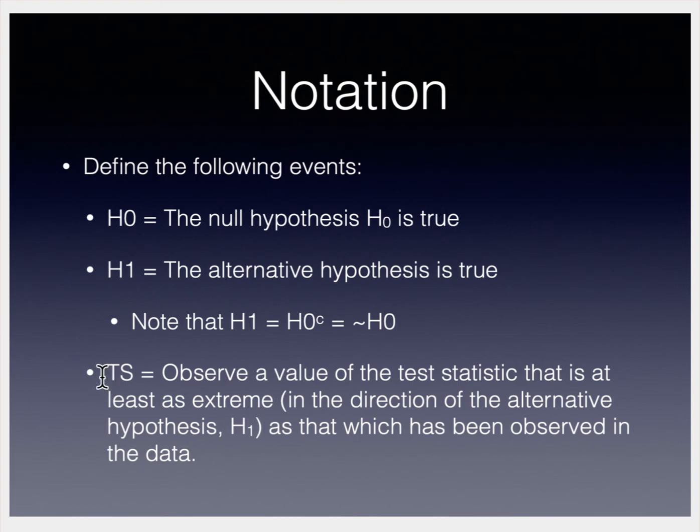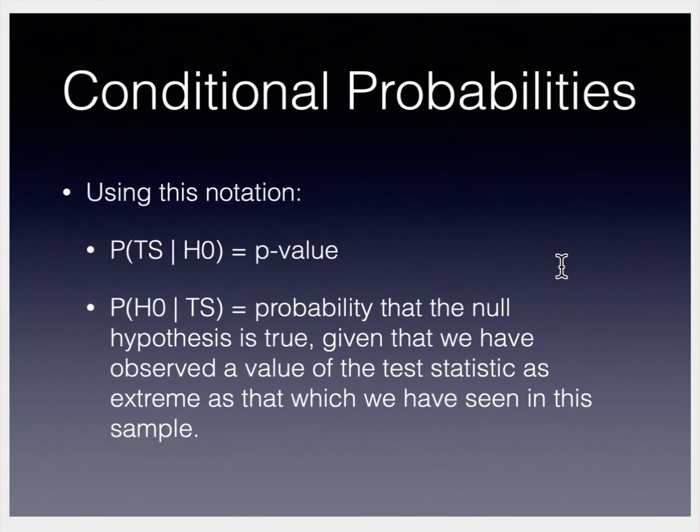Then I'll use the abbreviation TS to denote the event that we observe a value of the test statistic that is at least as extreme in the direction of the alternative hypothesis as that which has been observed in the data. So these three events are defined in that way.